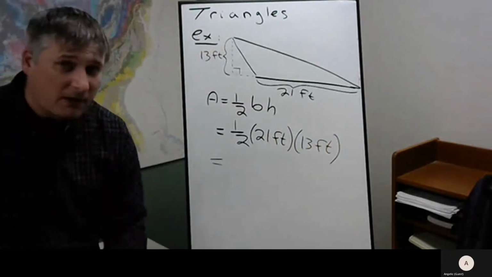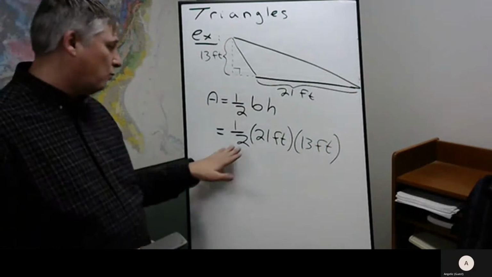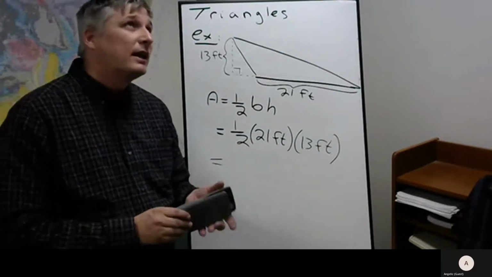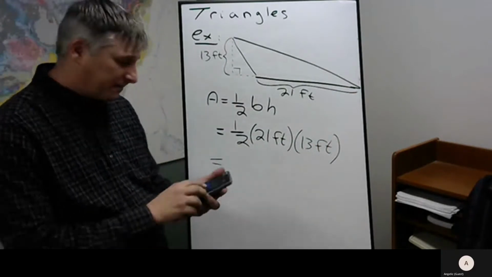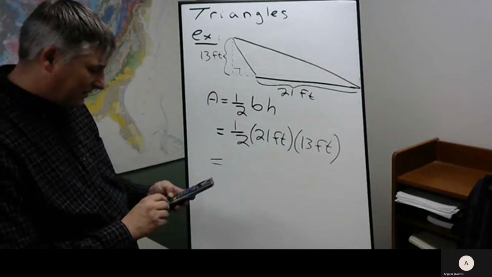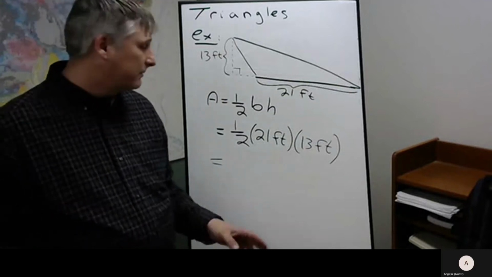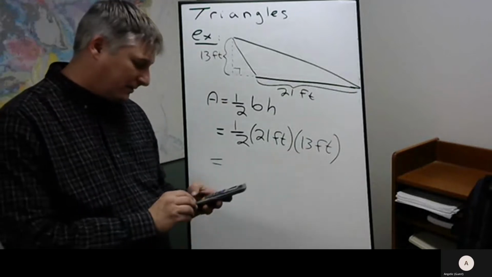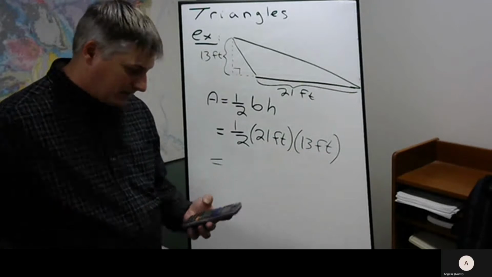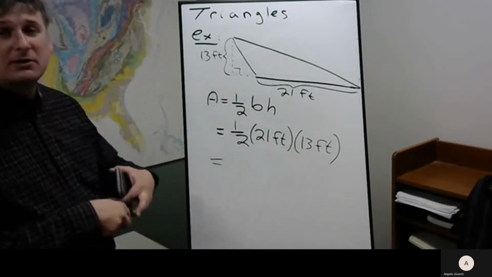So again, if we're going to follow the order of operations, you do 1/2 times 21, and that's going to give you 10.5. And then you take that 10.5, multiply it by 13, and you're going to get 136.5.